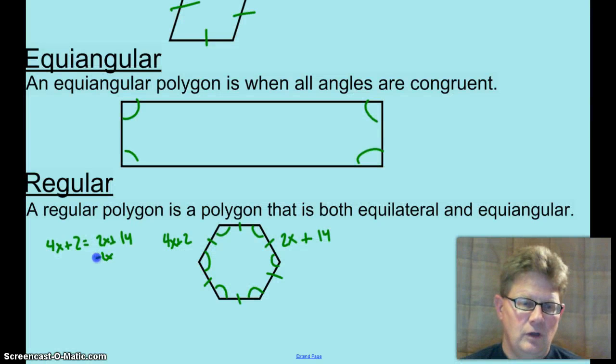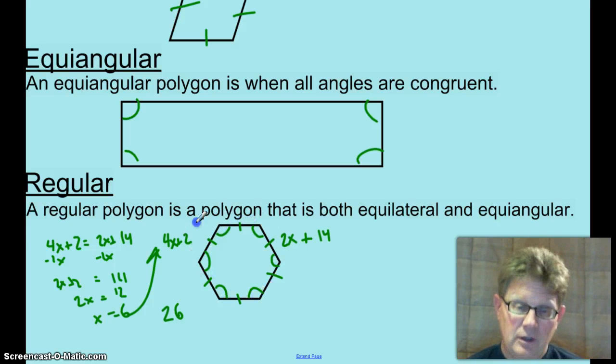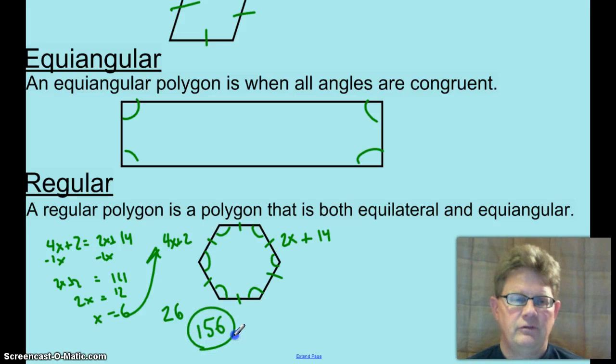Subtract 2x from both sides and you get 2x plus 2 equals 14. Subtract 2 from both sides. So x equals 6. Did I answer the question, what's the perimeter? No. Go ahead and replace that in, and we'll find out that one of the sides is 26. Did I answer the question? No. What's the perimeter? Multiply that by 6, and the perimeter would be 156.